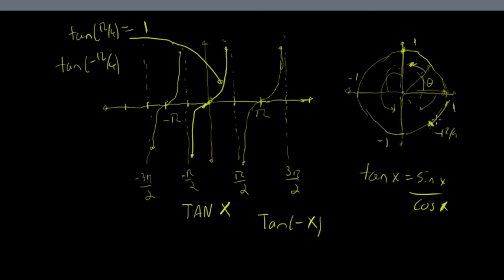So sine is going to be negative square root of 2 over 2, while cosine is going to be positive square root of 2 over 2. So negative square root of 2 over 2 divided by positive square root of 2 over 2 is going to give you negative 1. So here it looks as though the tangent of negative x is negative the tangent of x.